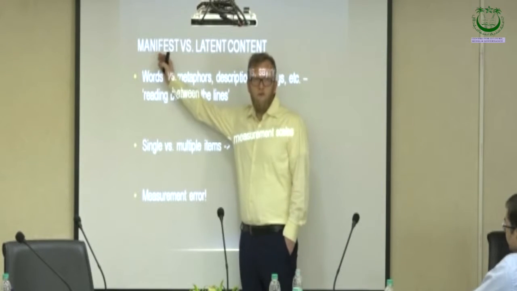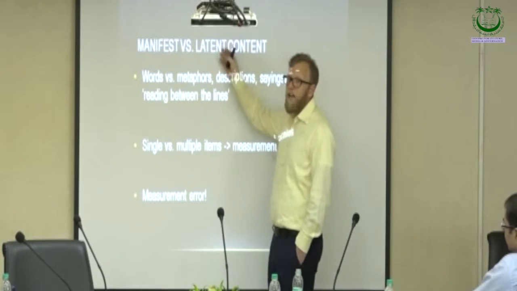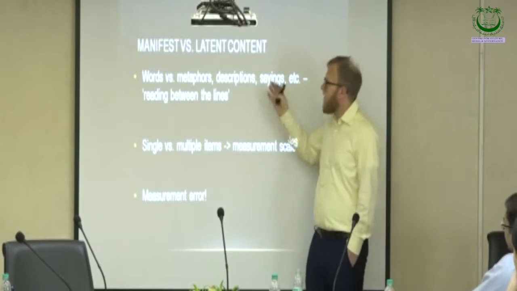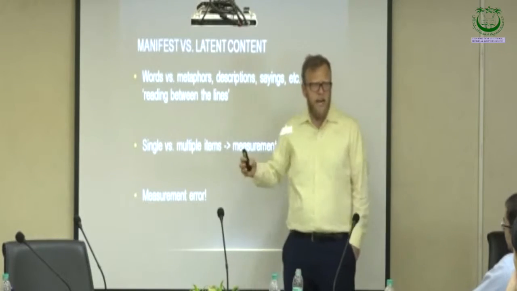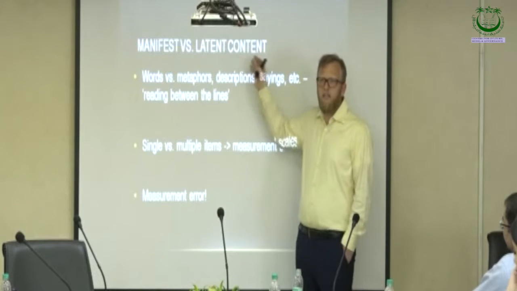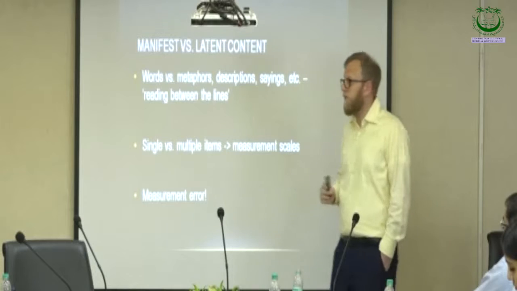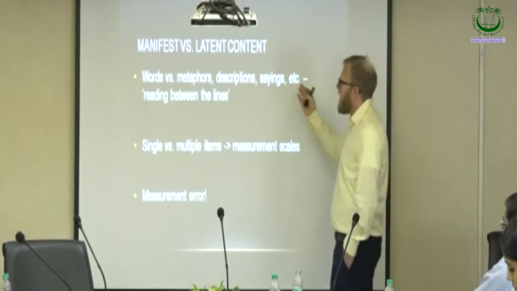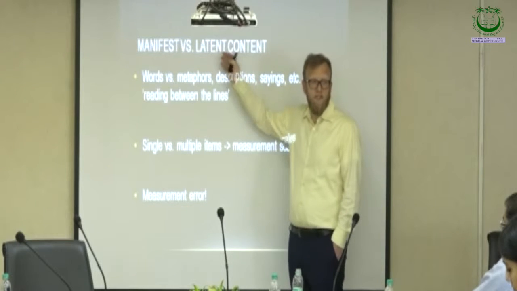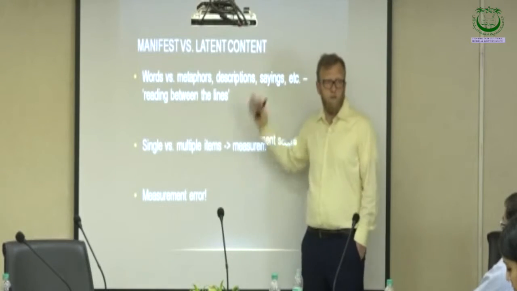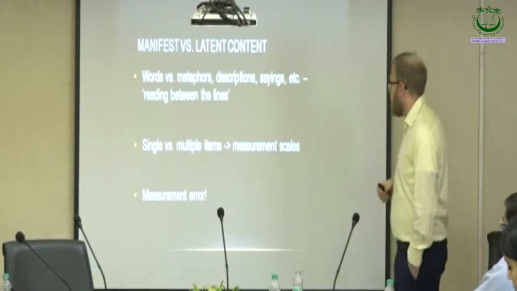That's where you move from the coding of very manifest contents to more latent types of contents. For these more latent types of contents, like how favorable is the story towards politician X, it does become a bit more difficult to achieve intersubjectivity. And your definitions, your instructions need to get much better for this type of content than for the other type of content. Much more concise, elaborate, if you want.